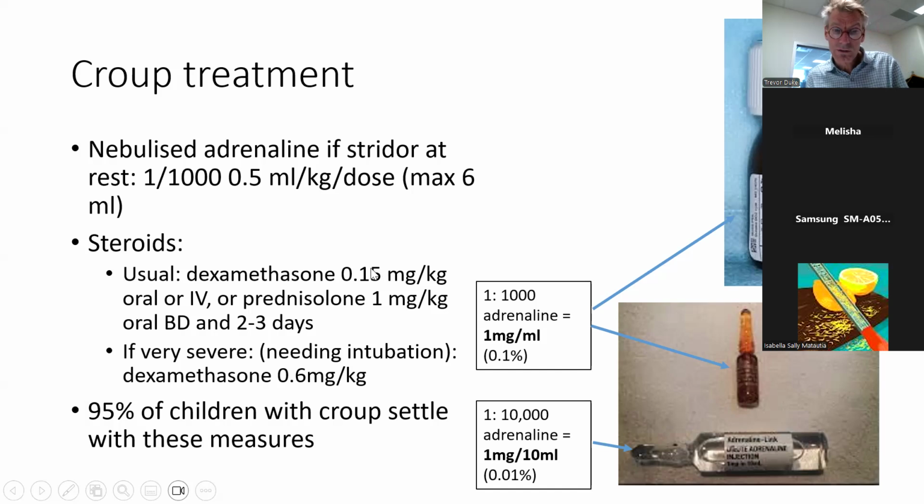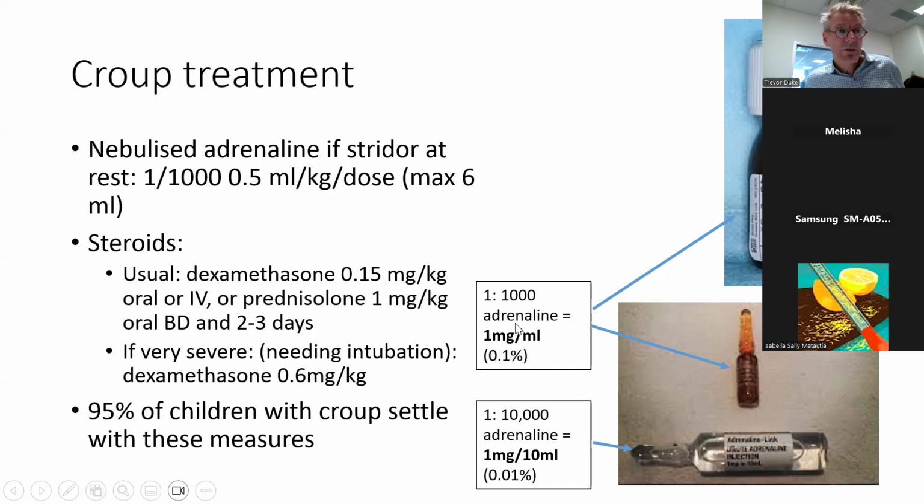Mostly 0.15 milligrams per kilogram, usually twice a day, is enough, or prednisolone, a milligram per kilogram, again twice a day for 2 to 3 days. In children with mild to moderate croup, that's all they need. And more than 95% of children with croup these days settle with these measures, with some dexamethasone or prednisolone and nebulized adrenaline.